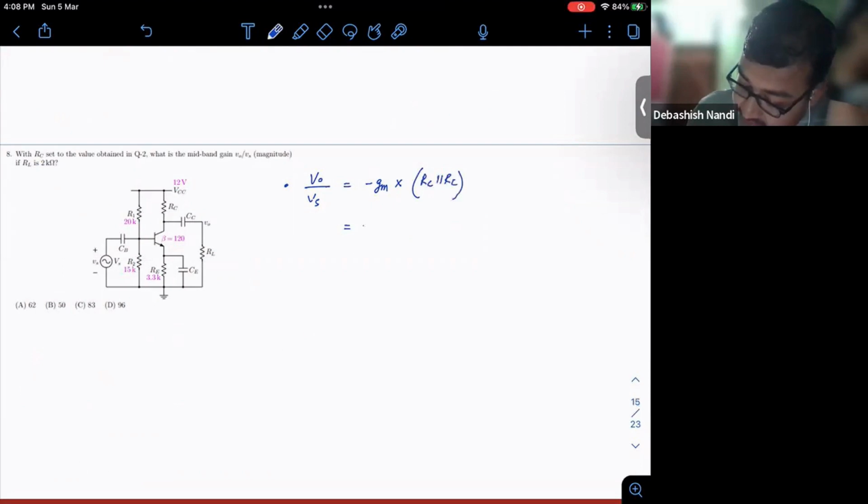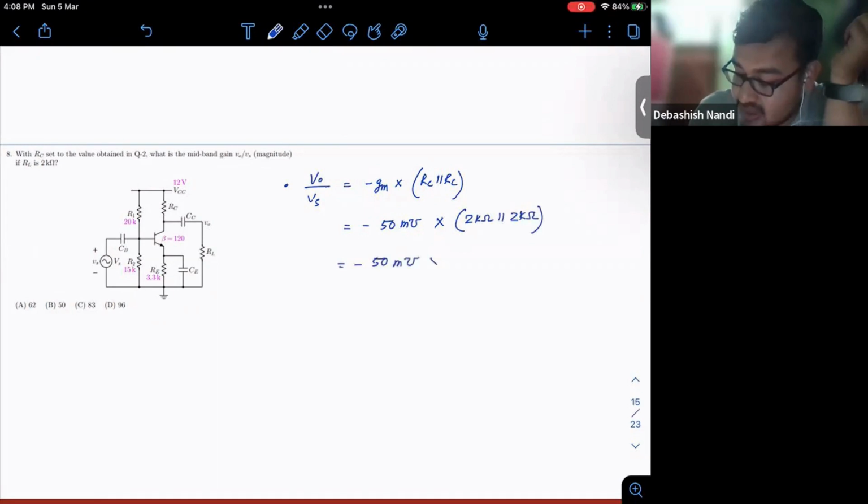Now Gm is 50 millisiemens into 2 kilo ohm parallel 2 kilo ohm, so this would be minus 50 millisiemens into 1 kilo ohm. This is minus 50, so the magnitude becomes 50.